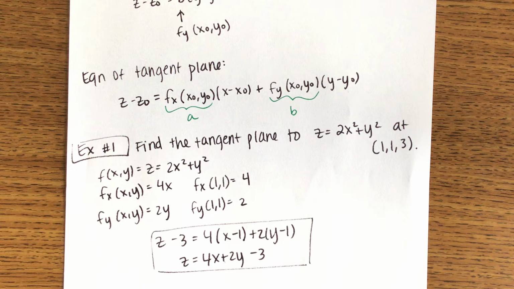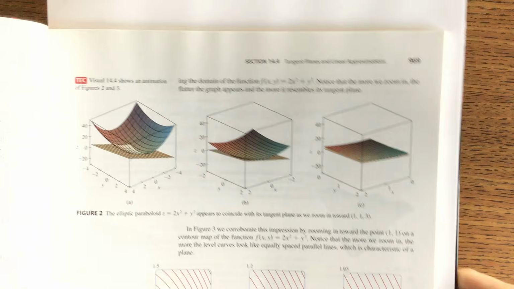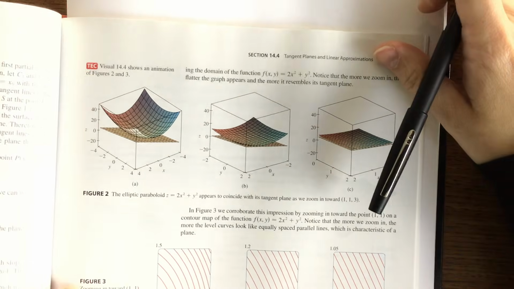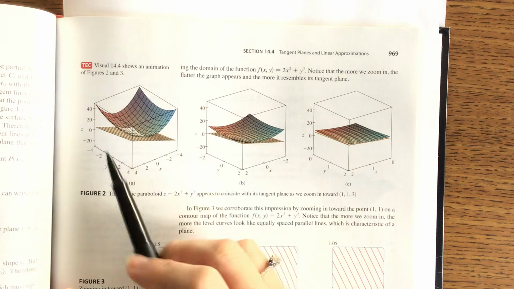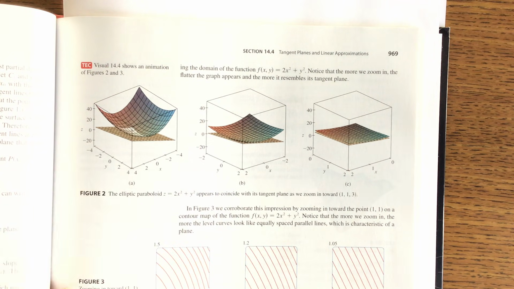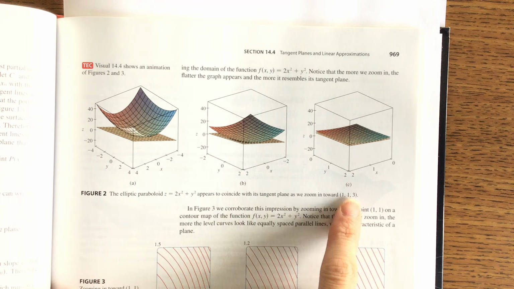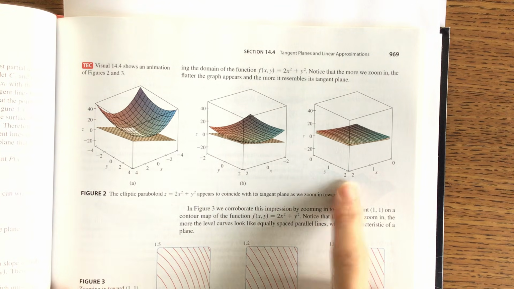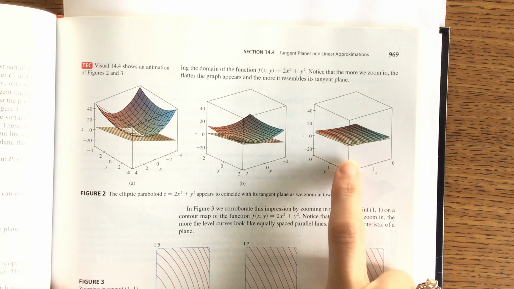Okay, here's why we're going to do it. Can I cover this up for a minute? Okay, again, I'm not going to draw a figure for you. I'm just going to have you look up here. This right here is that surface. This is the tangent plane. As you go from picture A to B to C, do you see that we're zooming in more and more? The further you get zoomed in, do you see that the surface is almost the same as the tangent plane?